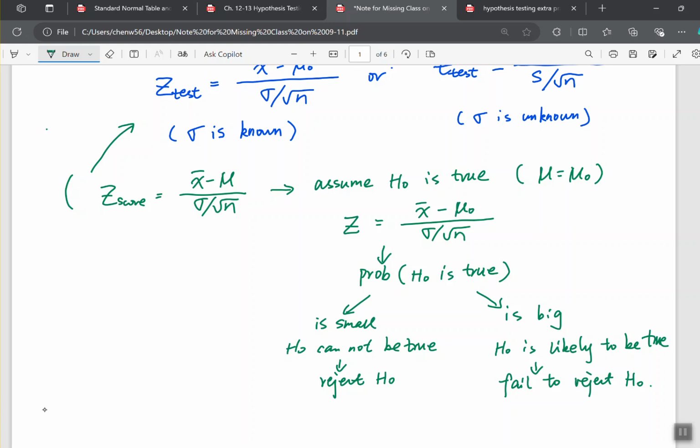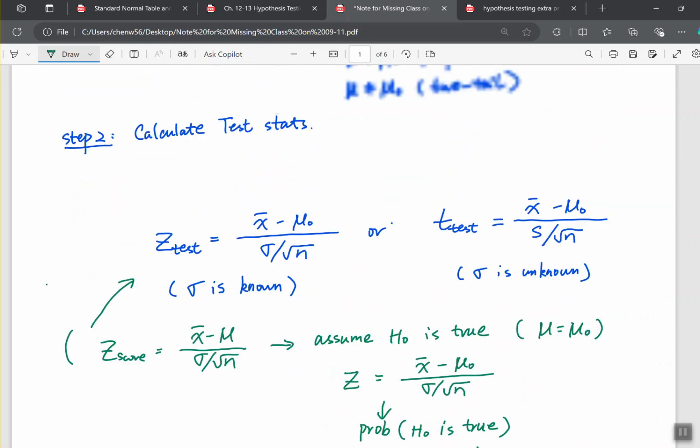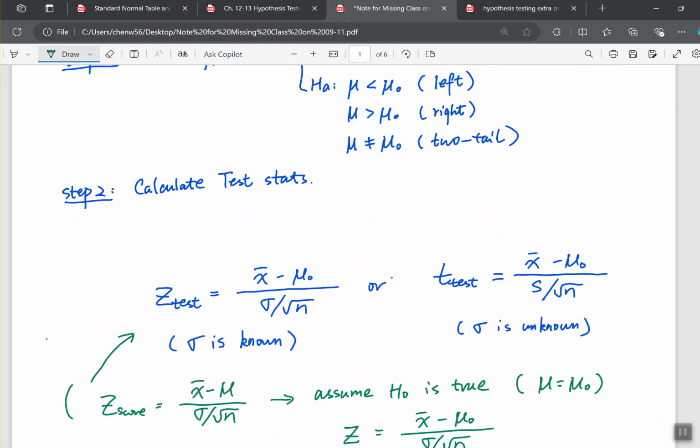All right, so here we talked about the idea of hypothesis testing. Then let's come back. We have these two formulas, but we know this formula comes from the z-score formula.